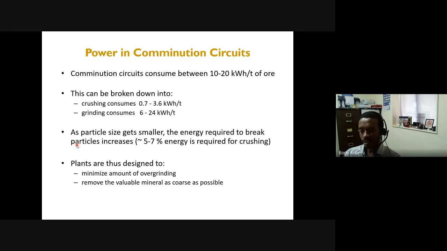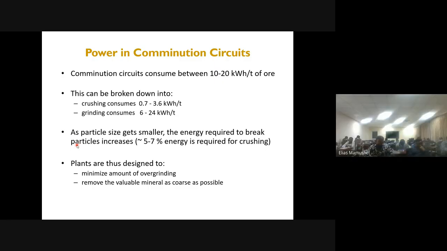The idea is, as soon as I attain the required size, I remove the product quickly. I minimize grinding and grinding continuously, which results in overgrinding and also consumes lots of energy.